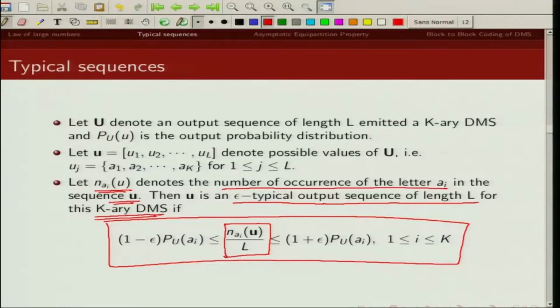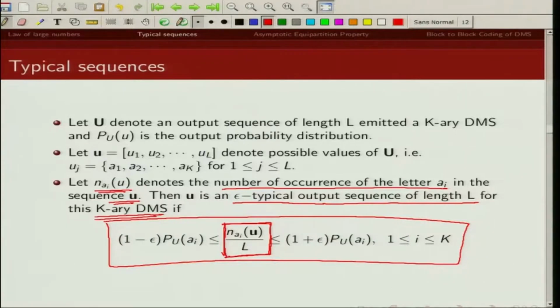So I have an output of length L, and out of those L, N_Ai is the number of symbols which are Ai. So N_Ai denotes the number of occurrences of the letter Ai out of the input U of length L. So this is the fraction of Ai in my output sequence.